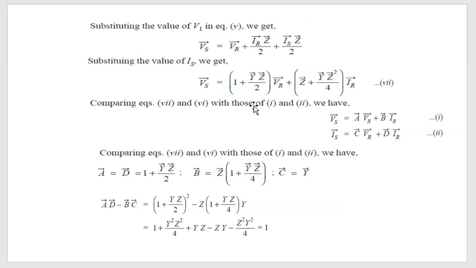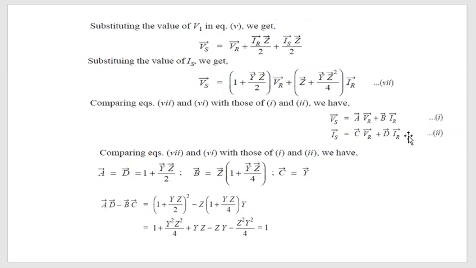Now we compare equation 7, which is the expression for Vs, and equation 6, which is the expression for Is. We compare these two equations with equation 1 and equation 2, and for your ease equations 1 and 2 are mentioned here.